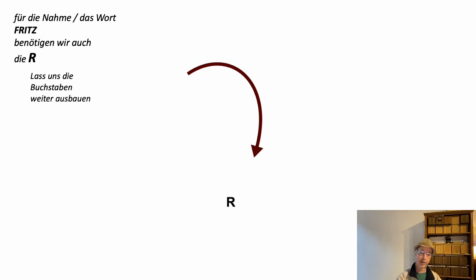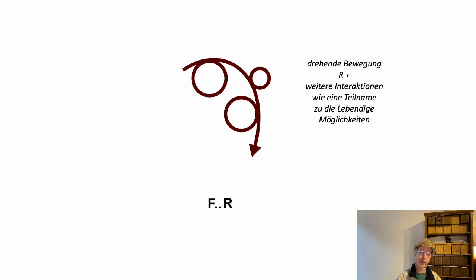So we will first analyze the R. The R is, as you can see, not only turning around, but during the turning around there is an interaction, and so you try to connect as much as possible so that the turning around continues all the powerful and workable and active parts, and they continue also in this continuation, and that's the meaning of R. It's one of the more complex letters if you really want to analyze everything that is in it, but that's more or less the essence that you have to remember.